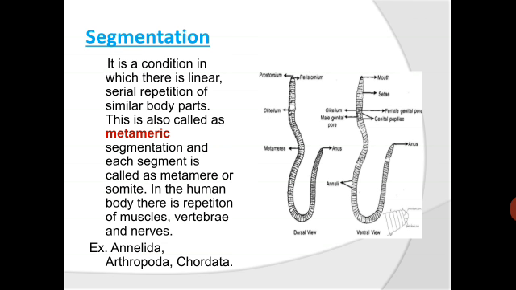Segmentation is a phenomenon of linear repetition of parts in an animal body. As in earthworm you can see there are many segments present. These are called metamers, and the phenomenon is called segmentation, or also metamerism. So that was about segmentation.